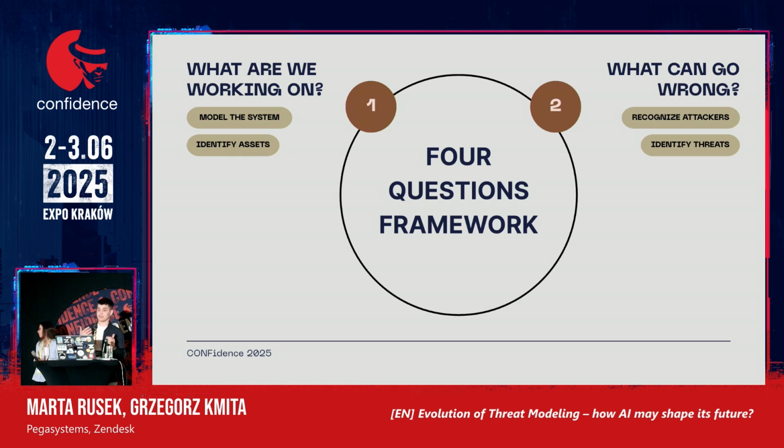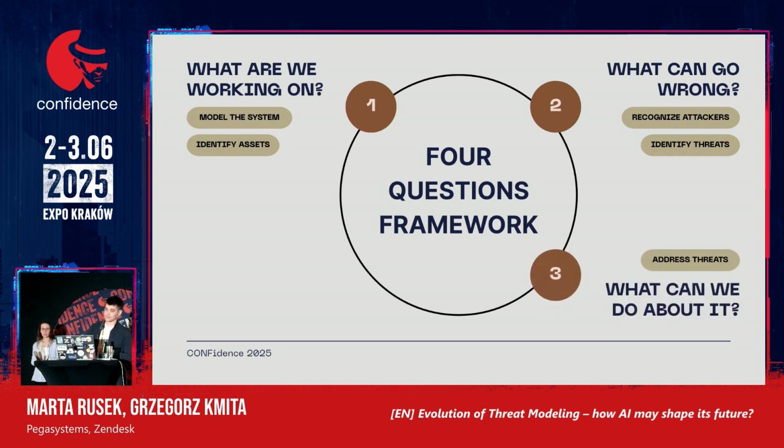So by identifying attackers, you might understand what they want to do and how they want to do it, but you can also use some common checklists or methods and tools that we will cover later.